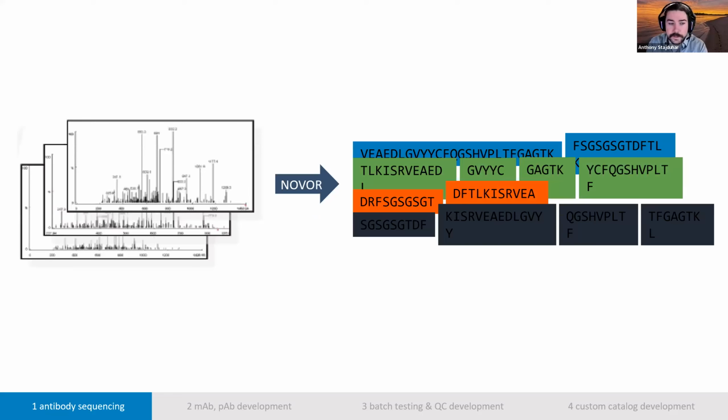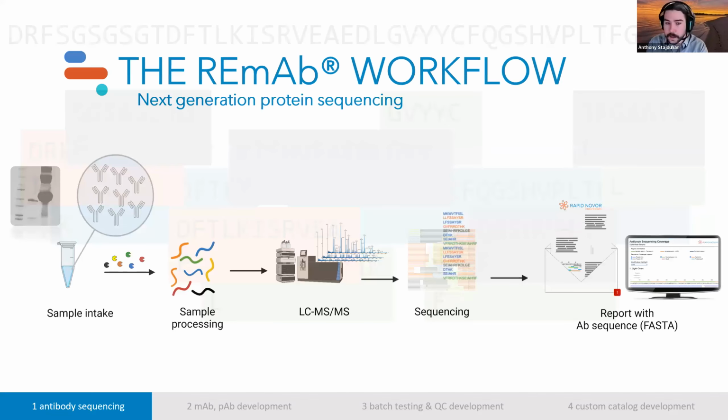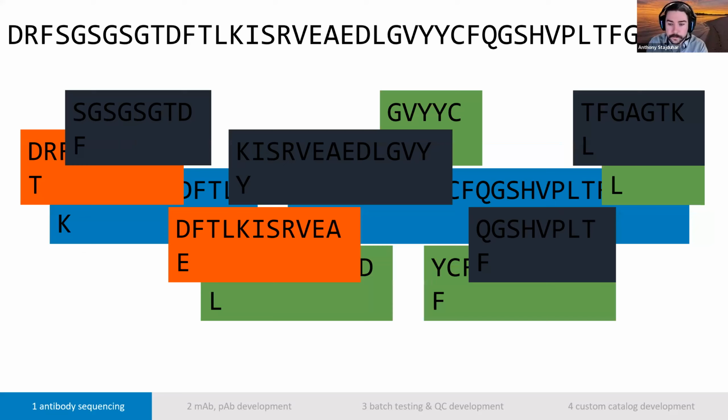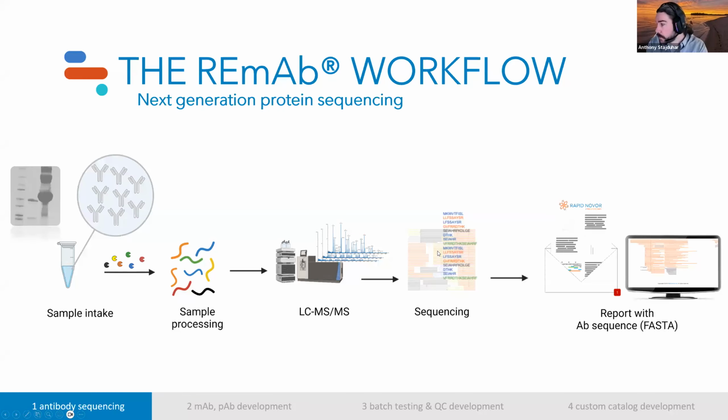And again, because we've labeled them with the correct chemistries, we know which ones belong to where, and our algorithm is actually going to be able to take these, truly thousands of different peptide sequences and rearrange them into one full-length contiguous protein sequence, as you see in our image here. So that's for the monoclonal antibody workflow.